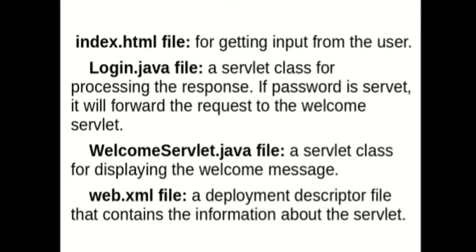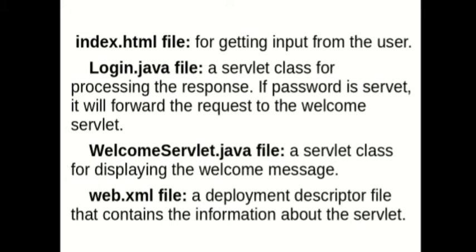Index.html for getting the input from the user, and login.java, a servlet class for processing the request, in which we write the logic for username and password. If the password is servlet, then it will forward the request to the next page, that is the welcome servlet.java file, where the welcome message gets printed. And one more change we have to do in the web.xml file.